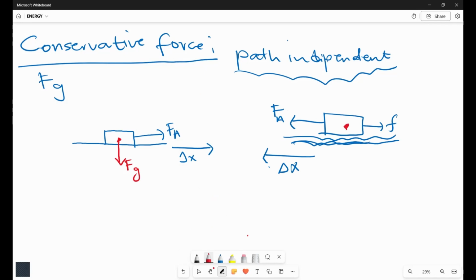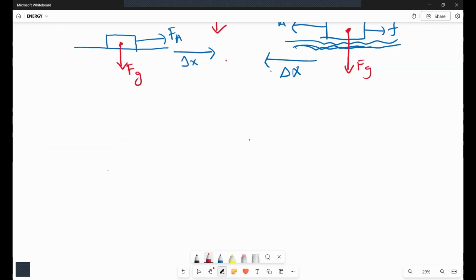Again, Fg is moving downward. Whether my object is moving towards the right or towards the left, my Fg always acts down. Let's use another scenario. Another scenario, I'm moving on an incline. Here's my object. Let's say it is moving upwards and it is displaced upwards.